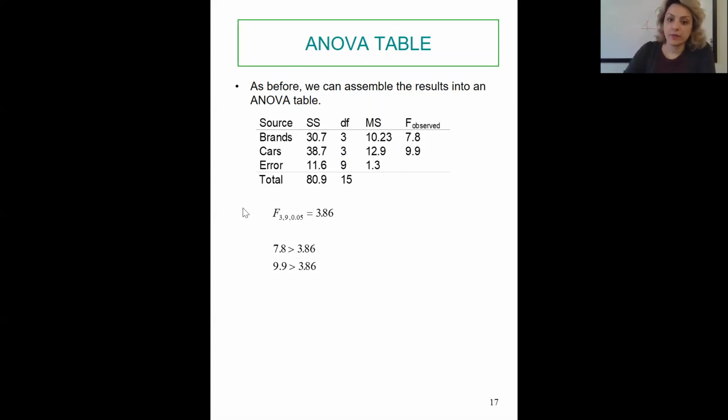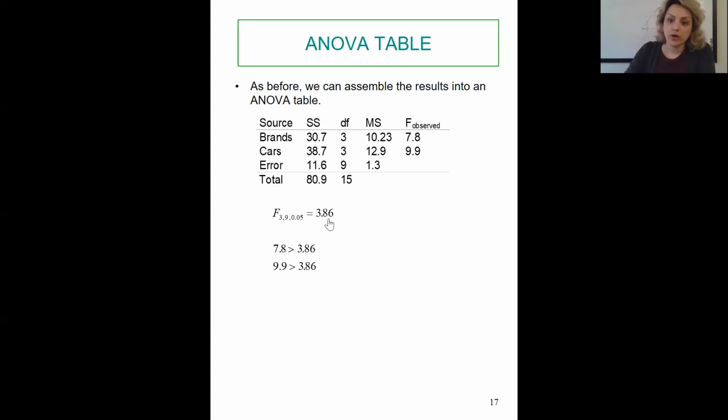So the degree of freedom of the denominator is 9, and then we have 3. We read F of 3 and 9 at 0.05 from the F table, so F critical is 3.86.